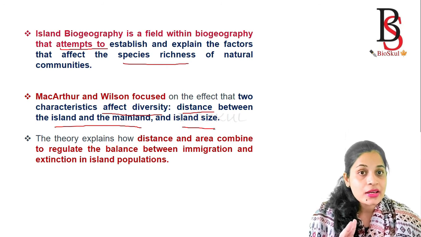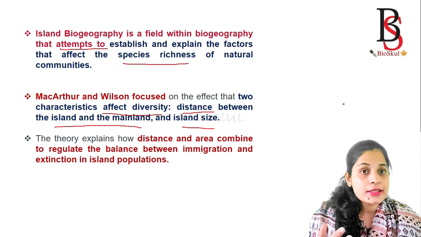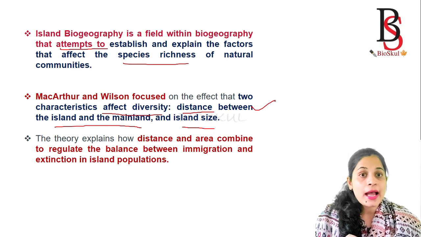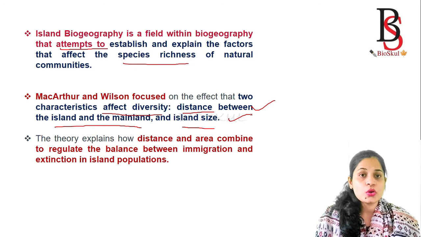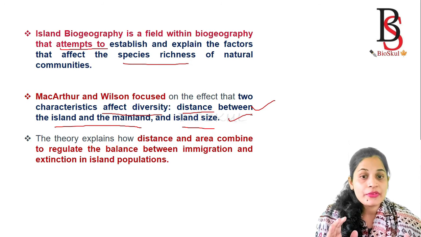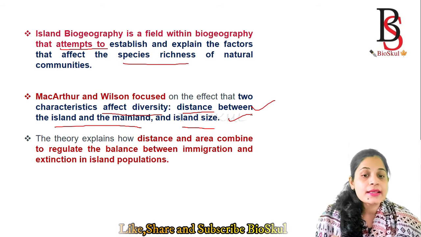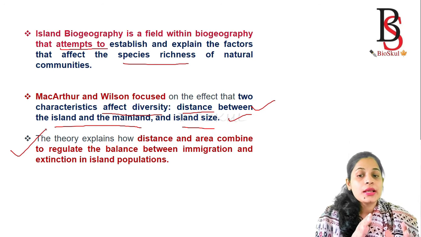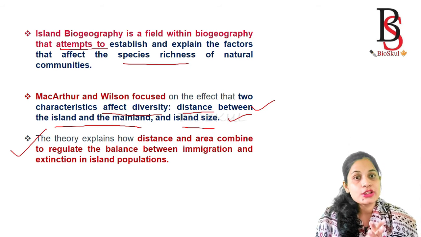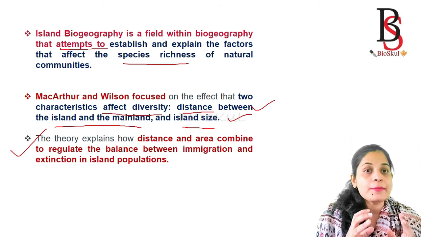The theory of island biogeography explains how the distance and area combine to regulate the balance between immigration and extinction in an island population.